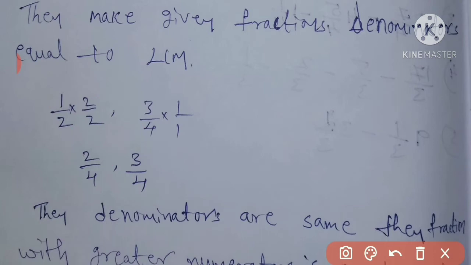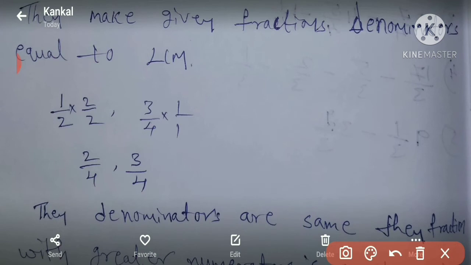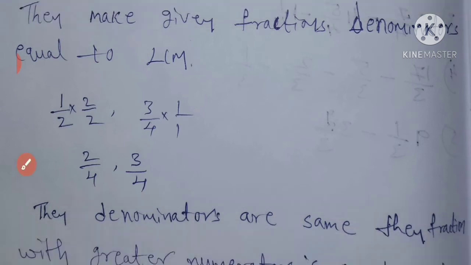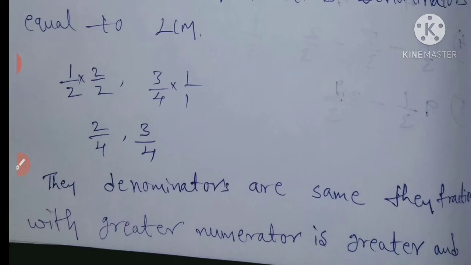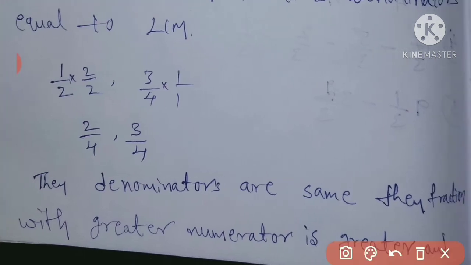Okay. Now the given two fractions are in the form of like fractions: 2 by 4, comma, 3 by 4. Since we have converted the unlike fractions into like fractions, how are we going to compare these like fractions?